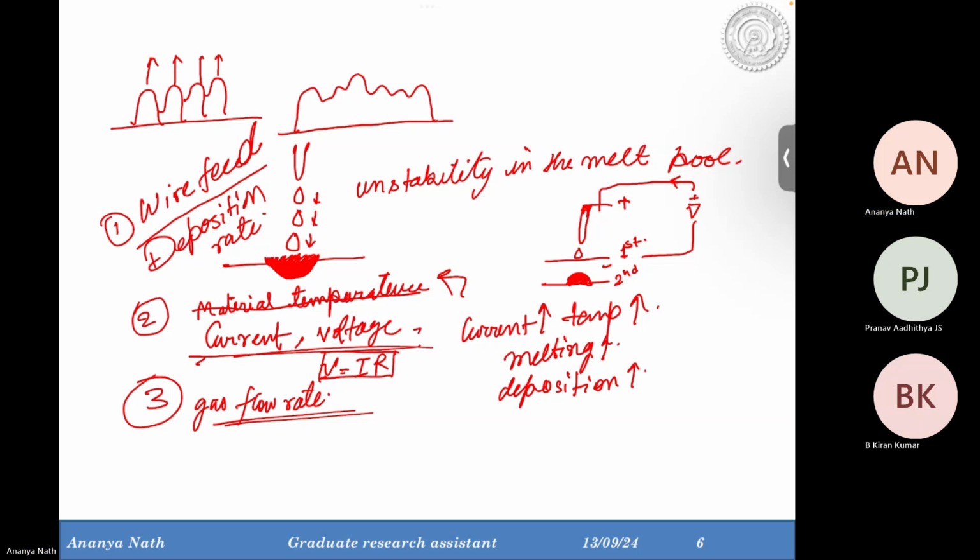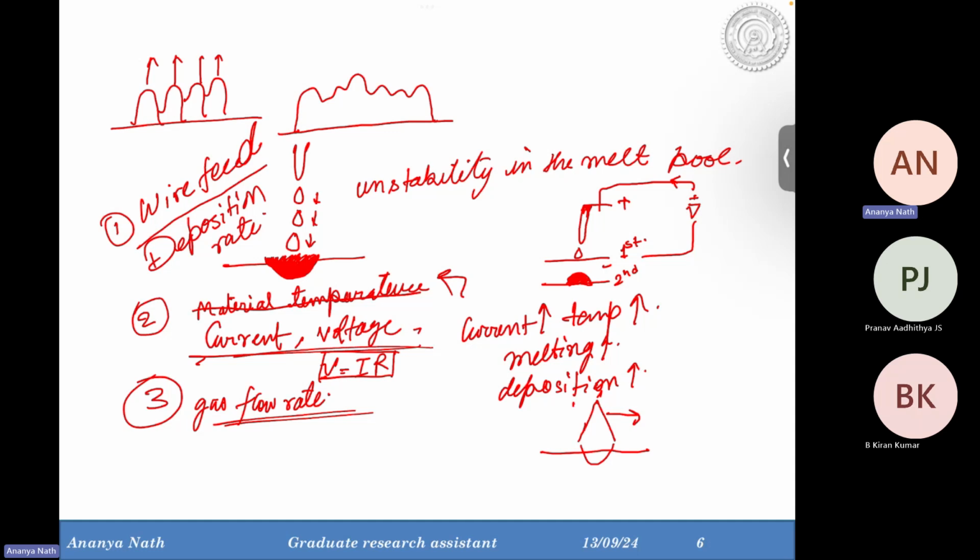So in additive manufacturing, when you are depositing the material over the build plate, you are creating a melt pool, and now you are traveling with the melt pool. If you are creating a melt pool over this build plate using an arc, it is okay, it is a good process that you have established. Now you are moving this arc.